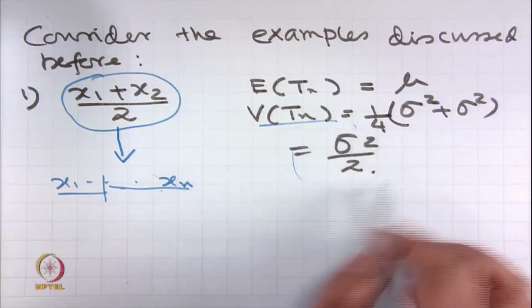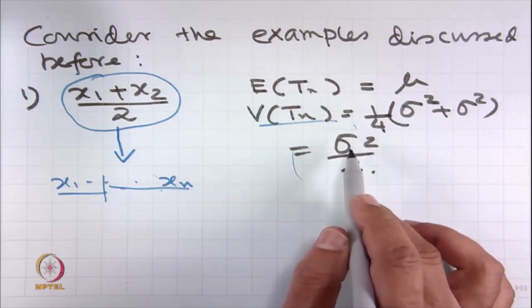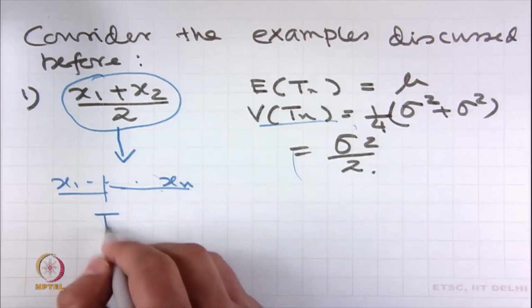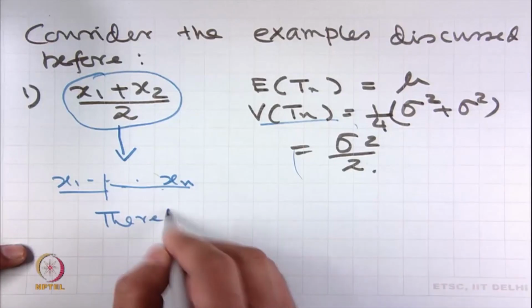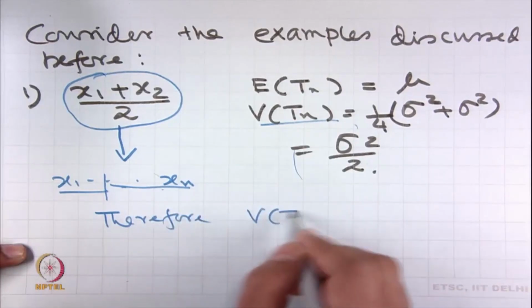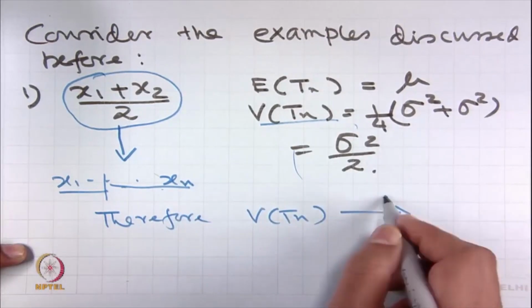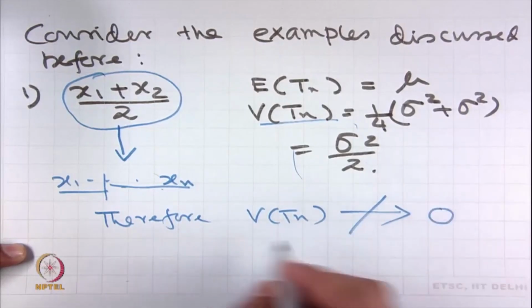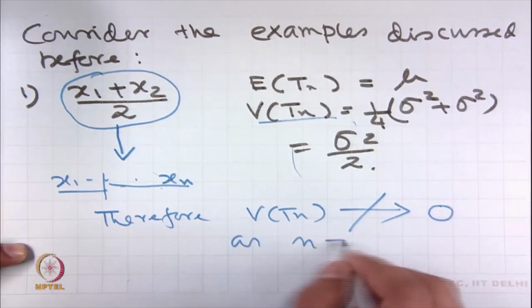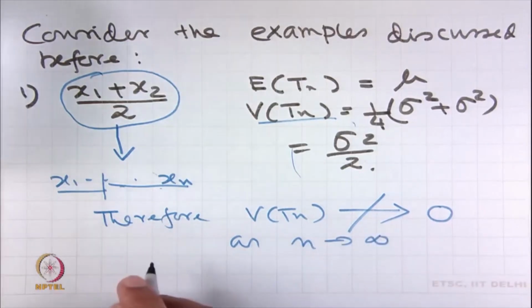It will remain sigma square by 2, and therefore, variance of Tn does not go to 0 as n goes to infinity.